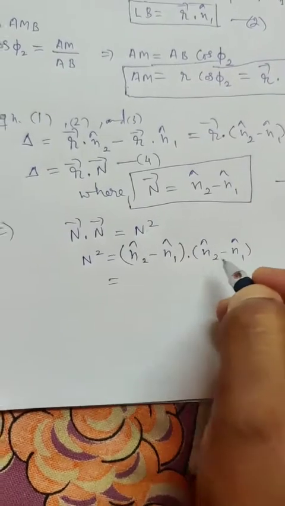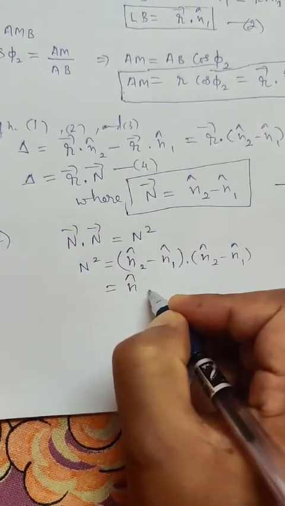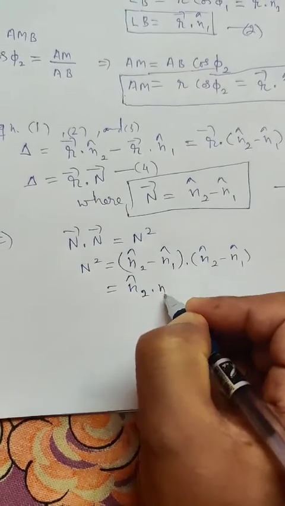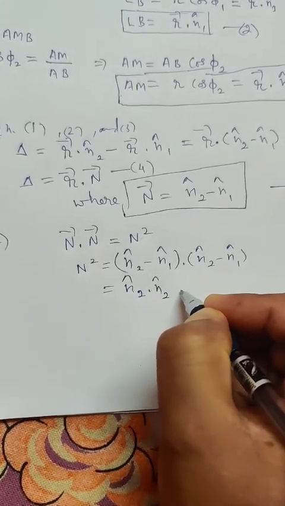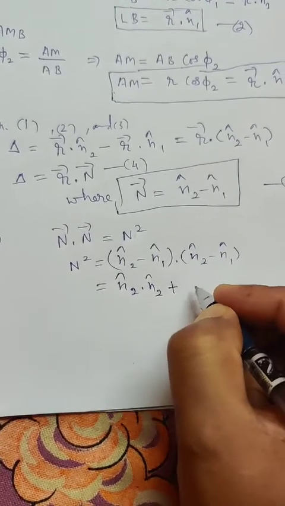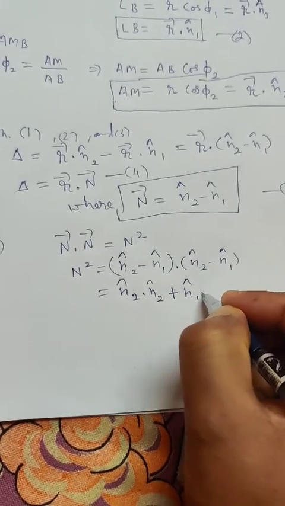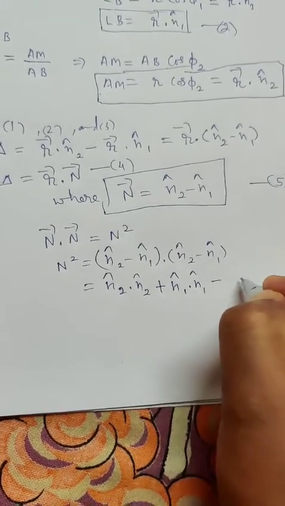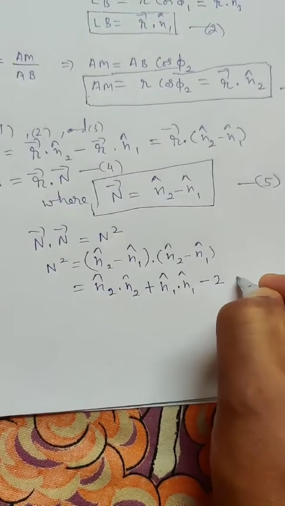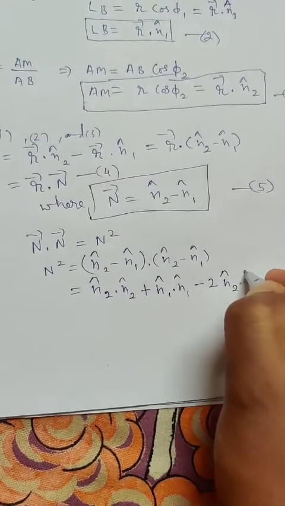If you solve this, this will be n2 dot n2 plus n1 dot n1 minus 2 n2 dot n1.